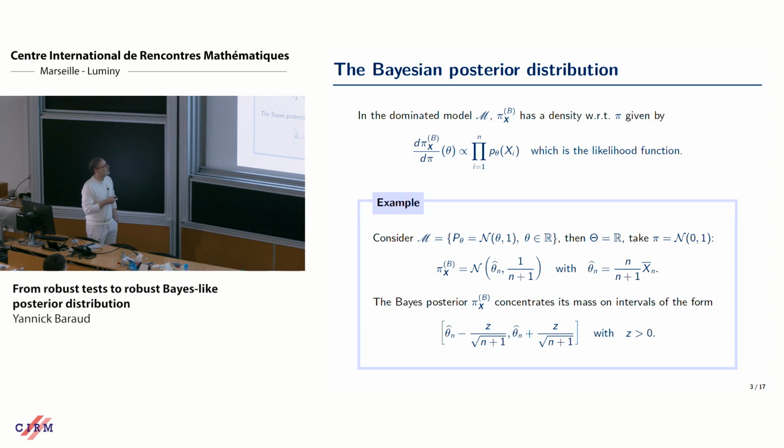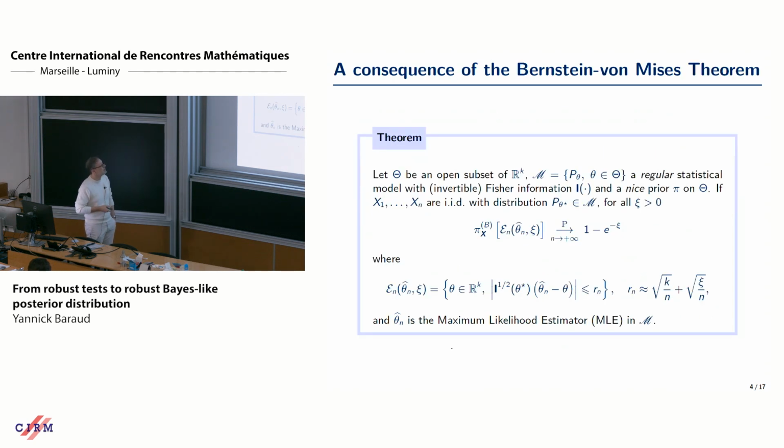So this is actually something which is not specific to this Gaussian case. This is a general fact when you consider a parametric statistical model which is smooth and nice. So this is a consequence of the very well-known Bernstein-von Mises theorem.